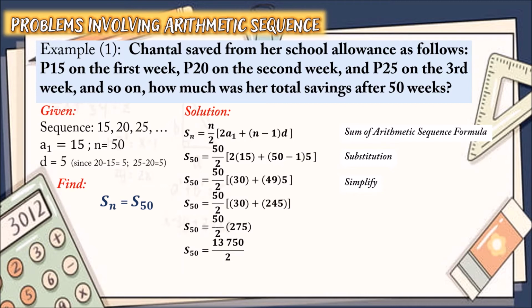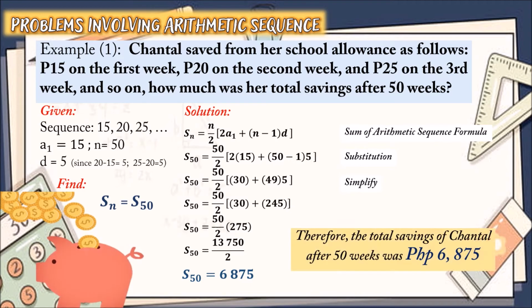So we have S of 50 is equal to 13,750 over 2, which is equal to 6,875. Therefore, the total savings of Chantal after 50 weeks was 6,875. So, kaya nyo rin ba mag-ipon katulad ni Chantal? I know you can do it, Math Angels.